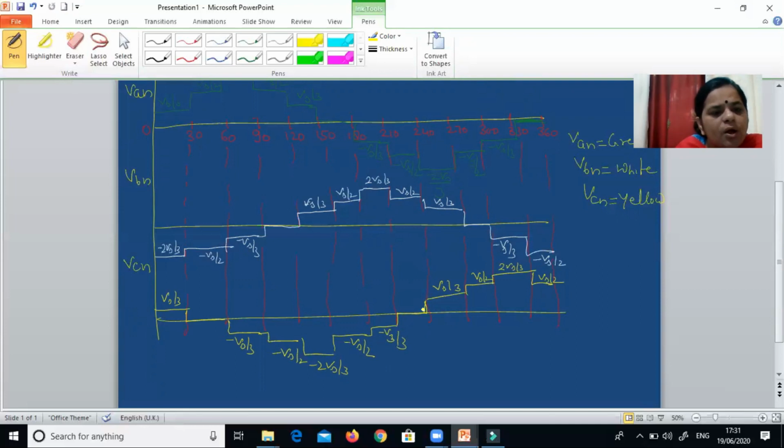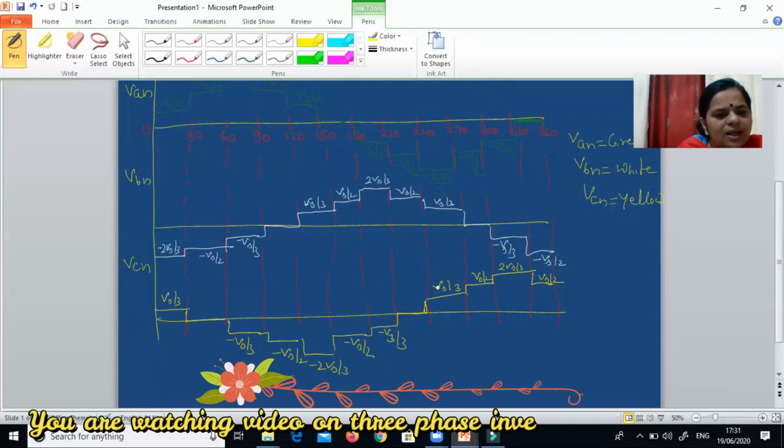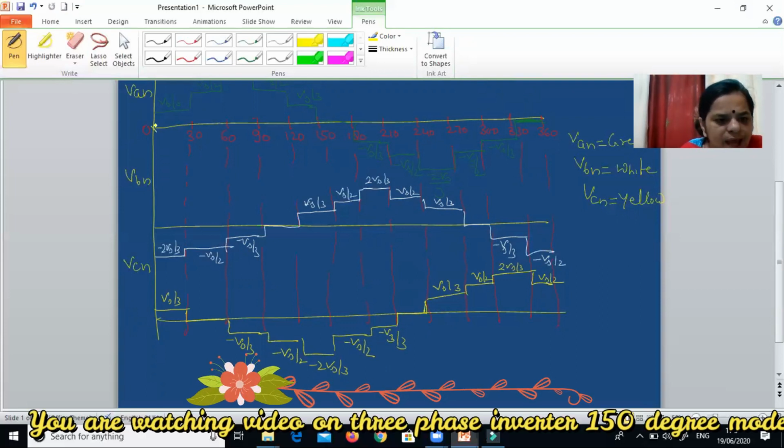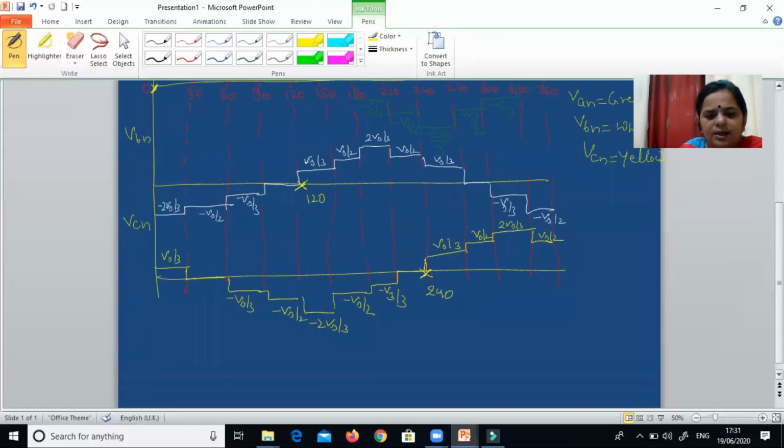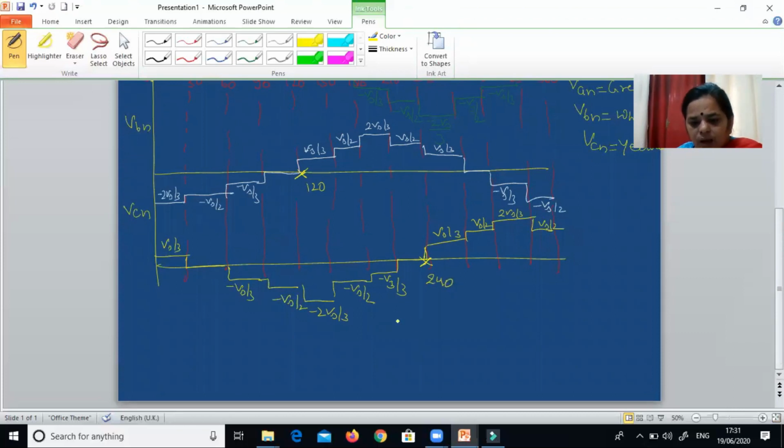If you see all these three waveforms, VAN has the value of Vs by 3 at 0, whereas the same cycle repeats for VBN after 120, and for VCN it repeats at 240. If you observe this cycle, it repeats its value after an interval of 120.